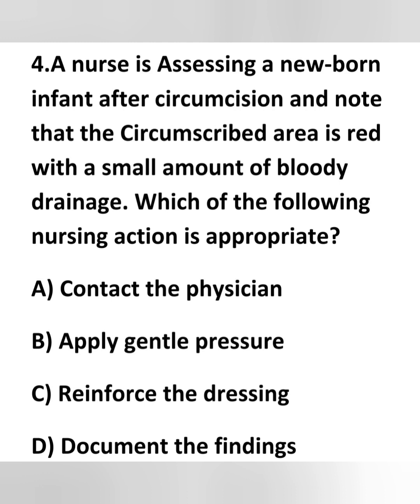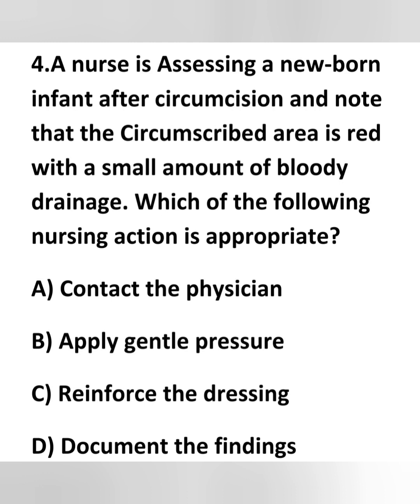It is the surgical removal of the foreskin over the tip of the penis, that is circumcision. After circumcision, the nurse notes that the area is red with a small amount of discharge. A small amount of discharge is normal after circumcision.